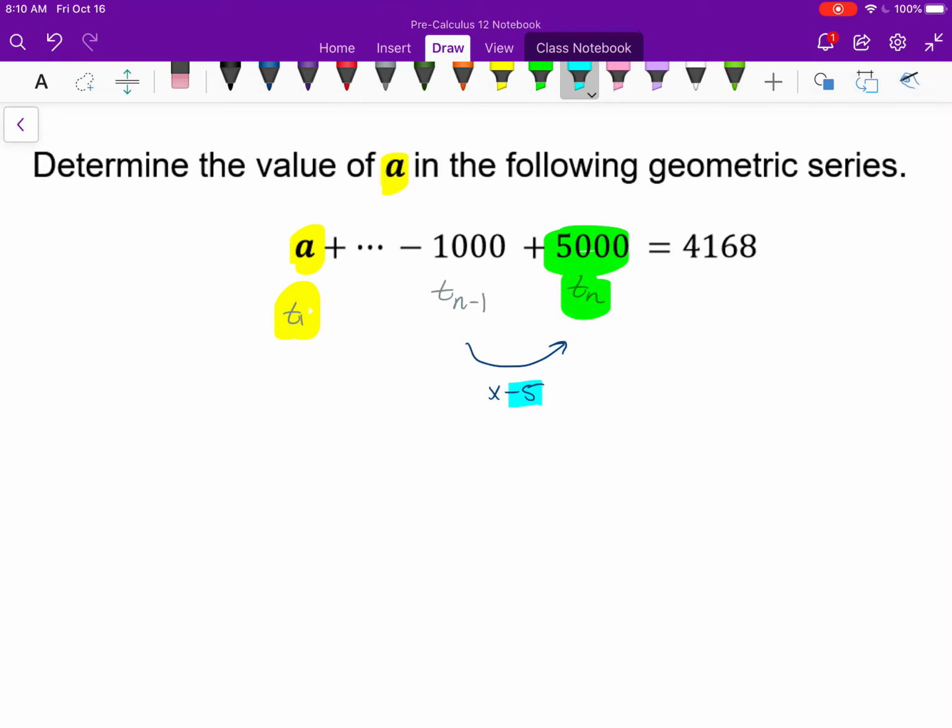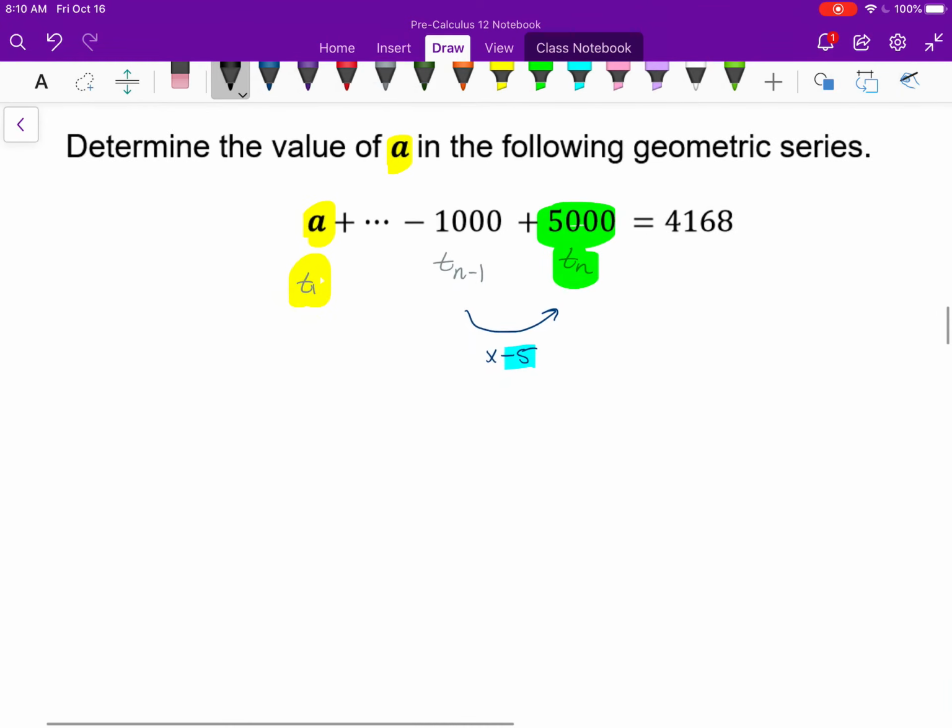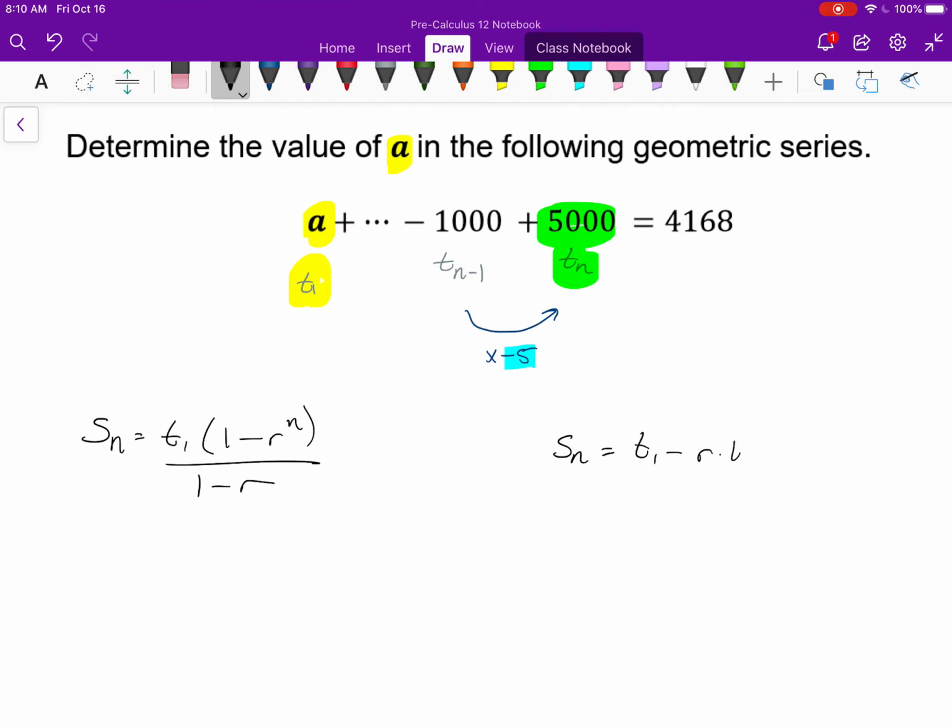So that's always going to be important. So now let's think about how I can find the first term. If I look back again at these two formulas that were introduced, they both involve the first term. But again, the one on the left, I need to know the number of terms.